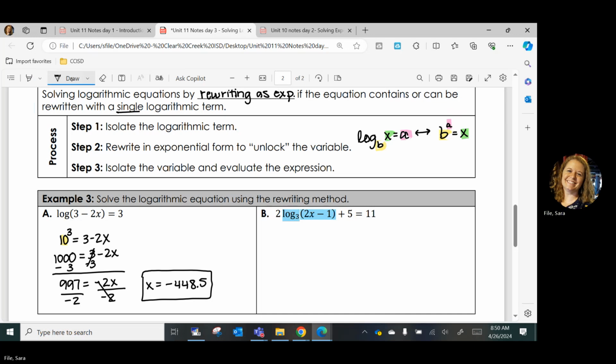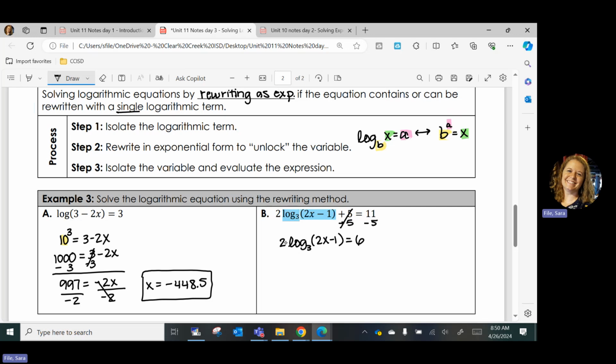All right. Now, example B. We have to isolate the log expression. So I'm going to move the constant, the plus 5, first by subtraction. So we move by opposite operation. That gives us 6.